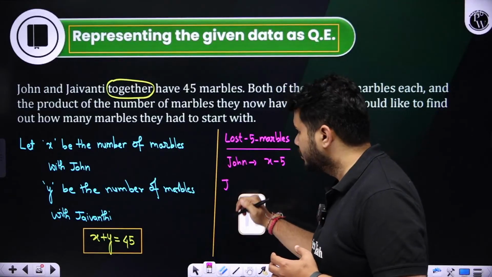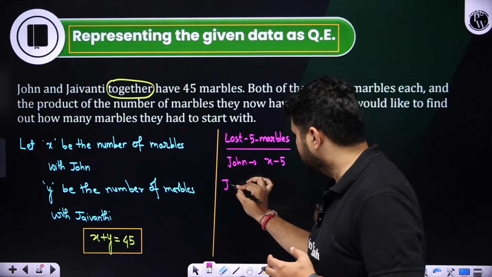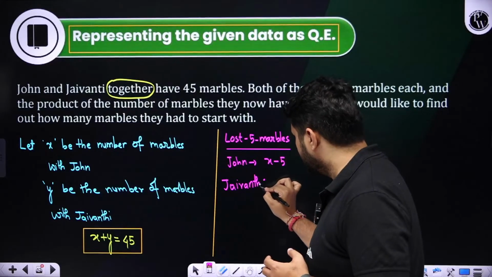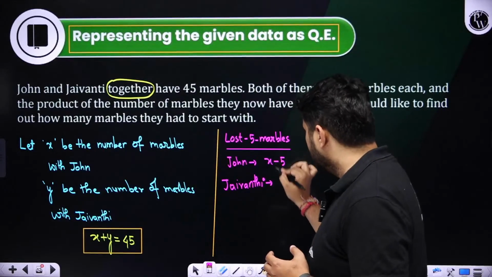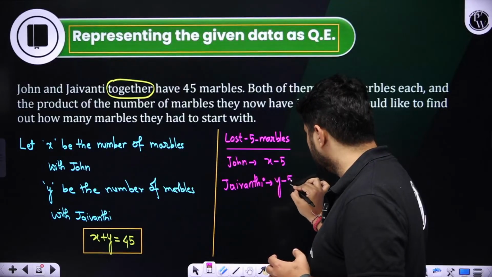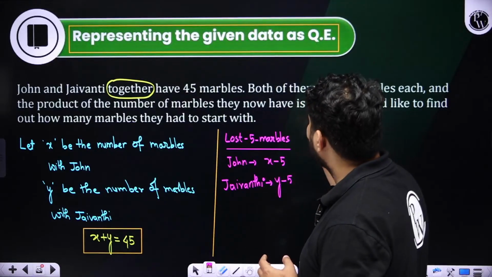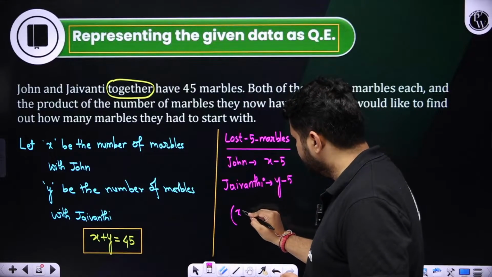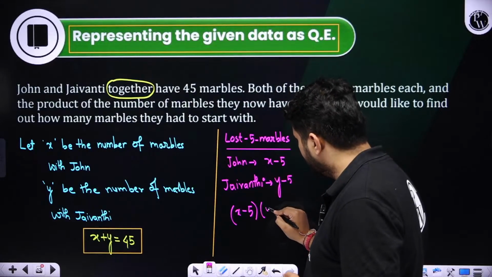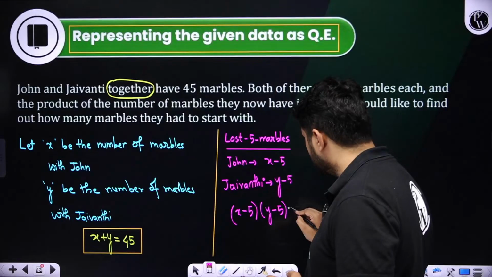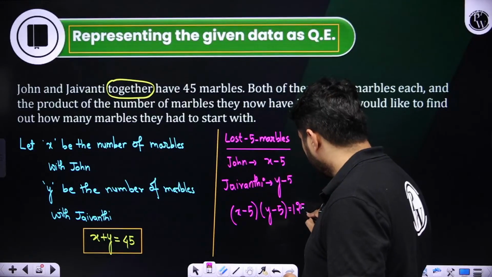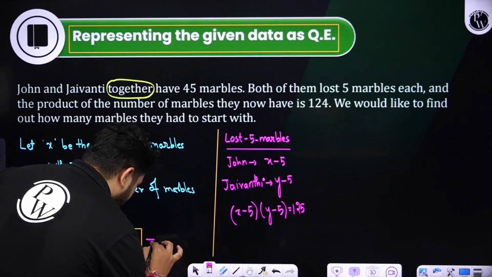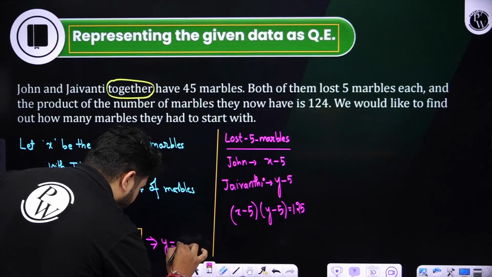What will happen with Jayavati, students? She also lost 5 marbles, so y minus 5. Now they are telling that the product they have now is 124. That is, x minus 5 into y minus 5 is equals to 124. From here, the y value is nothing but 45 minus x.